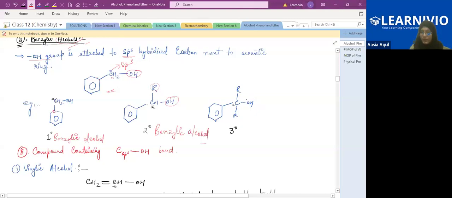Third one: this hydroxyl group is attached to this carbon, and this carbon is further attached to how many groups? One group, two groups, and three groups, right? So this is known as tertiary benzylic alcohol. Clear, everyone? Yes, ma'am. Okay, write it down.